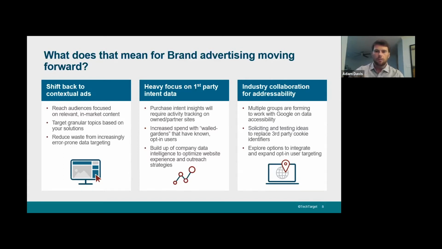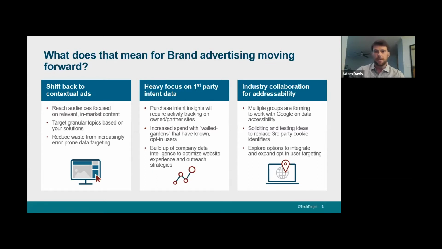Because really now all that's left when you take away the third party cookies is the first party data when it comes to finding paths to verified purchase intent data. That's what we have. And so anybody that does have that first party data really has a leg up when it comes to audience insights and audience reach and targeting.